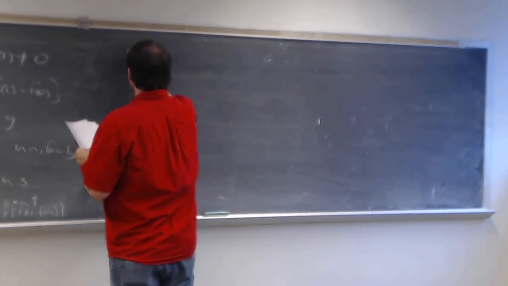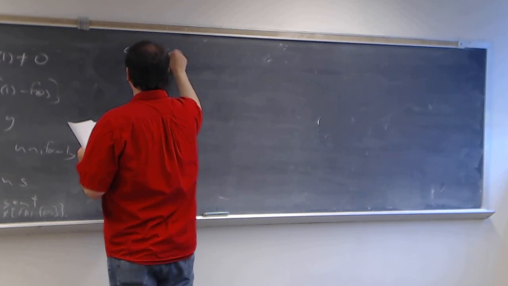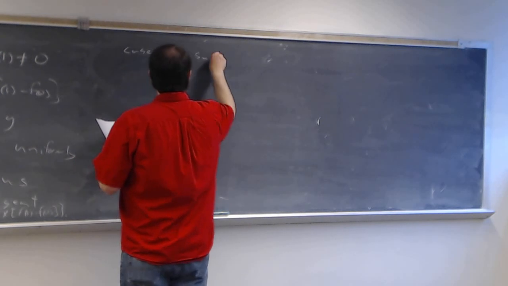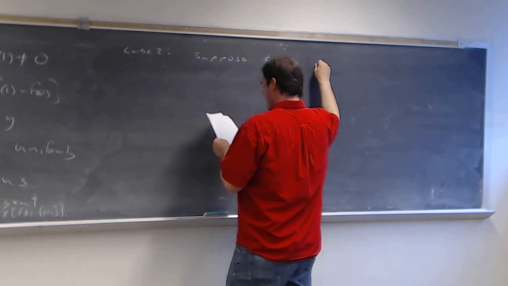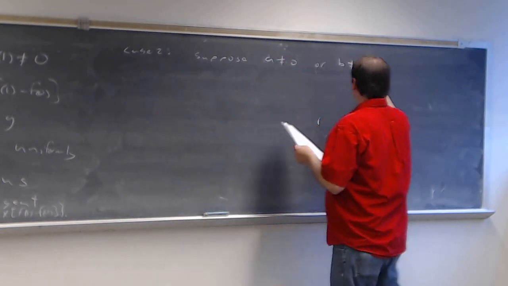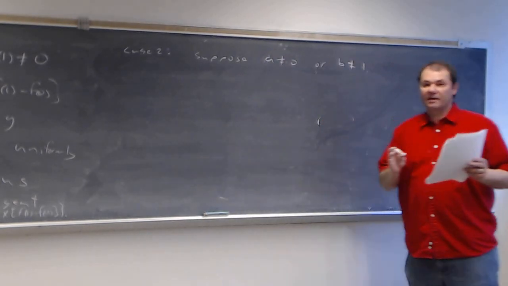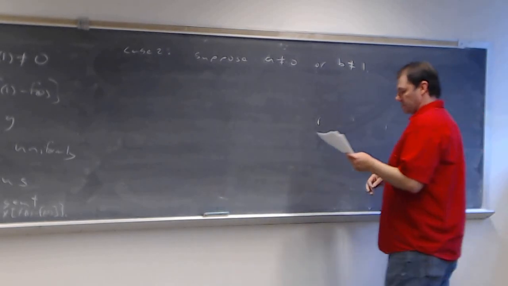So case 2. Suppose a is different from 0 or b is different from 1. Remember, we had the interval from 0 to 1 is what we considered in the first case.